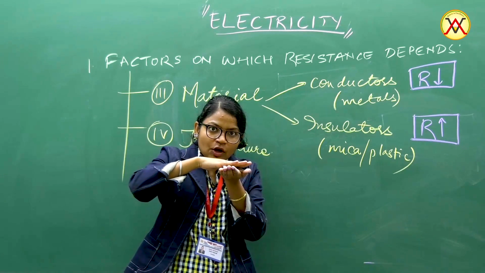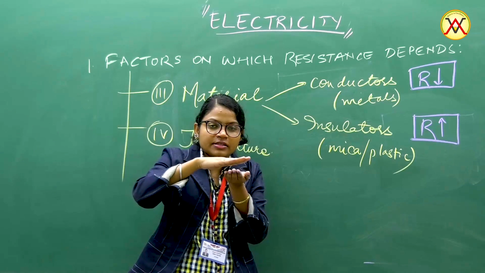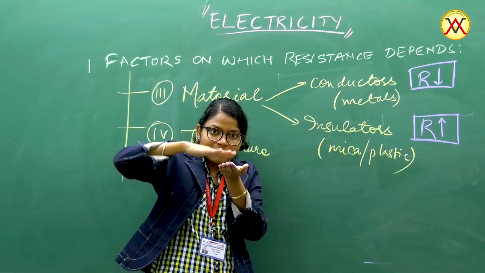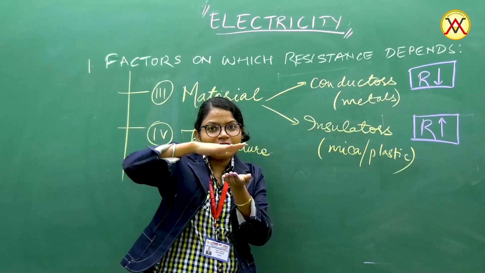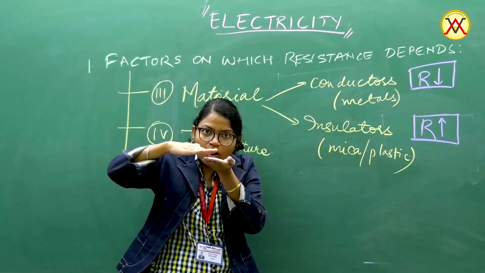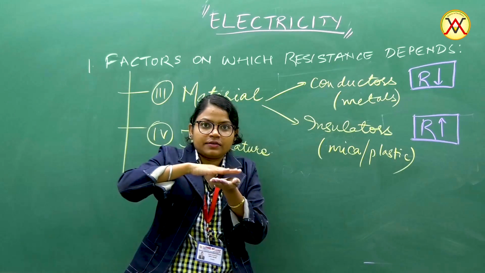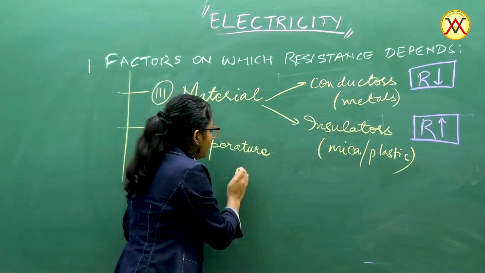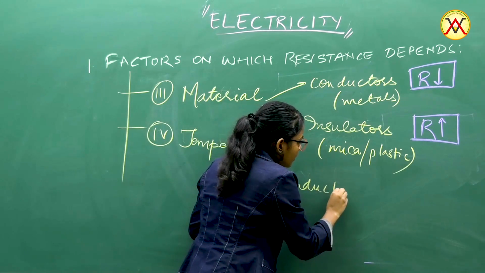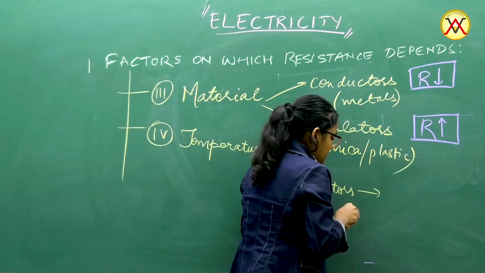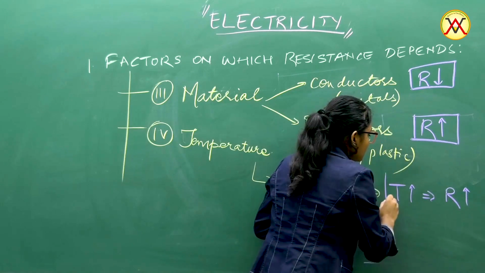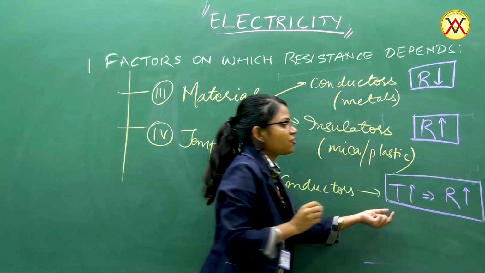The molecules or atoms on the uppermost surface get kinetic energy. They start to vibrate at their position. When they vibrate at their position, they offer more resistance to the easy flow of the electrons on that surface. That means, for our conductors, as our temperature increases, the resistance offered to the easy flow of electrons increases.